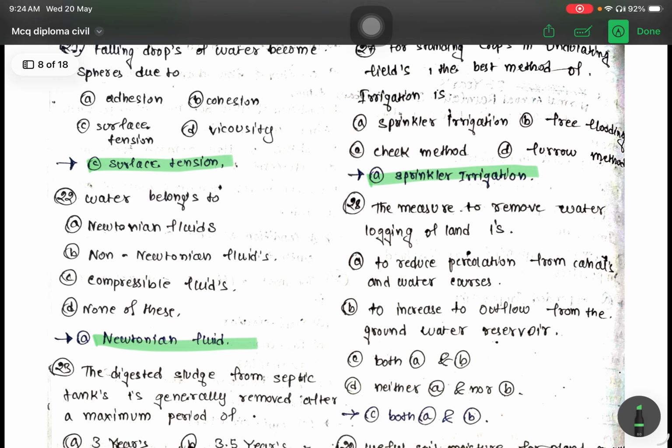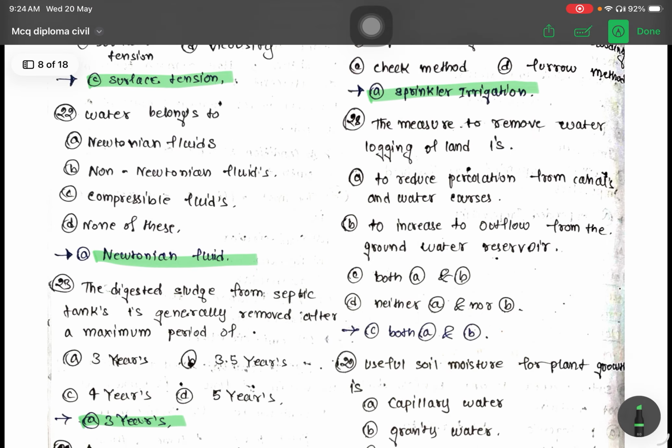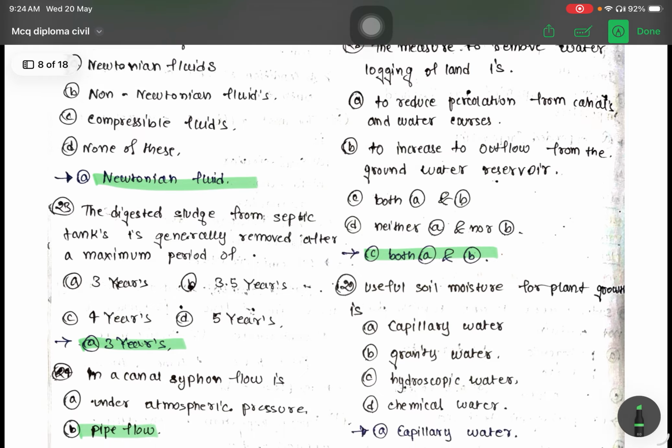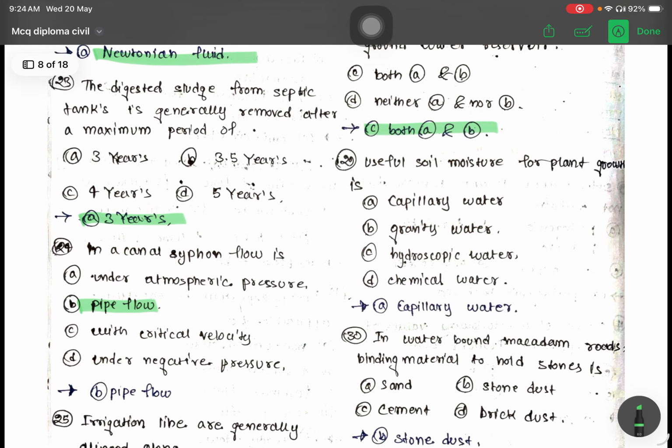The measures to remove waterlogging of land are to reduce the percolation from the canal and to increase the outflow from the groundwater reservoir, so both A and B. Useful soil moisture for plant growth is capillary water.